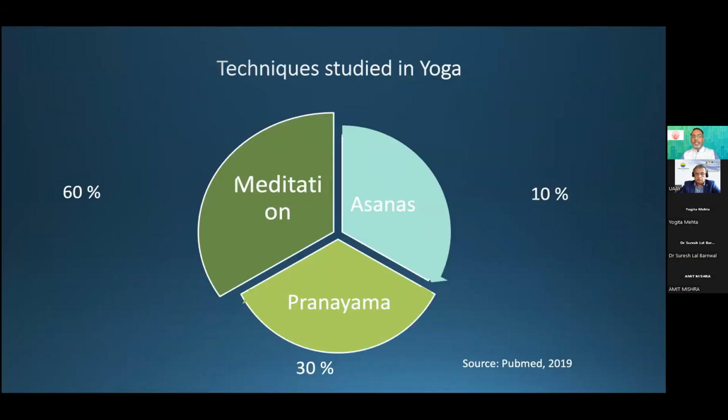If you look at the world literature on yoga, the major amount of research publications come from meditation research. 60% of publications come from meditation, hardly around 10% from yoga posture-based research, while 30% come from pranayama-based research. Though the research evidence is taking us more towards meditation, the world is embracing more of asana-based yoga, but probably we need more and more evidence even in that area.